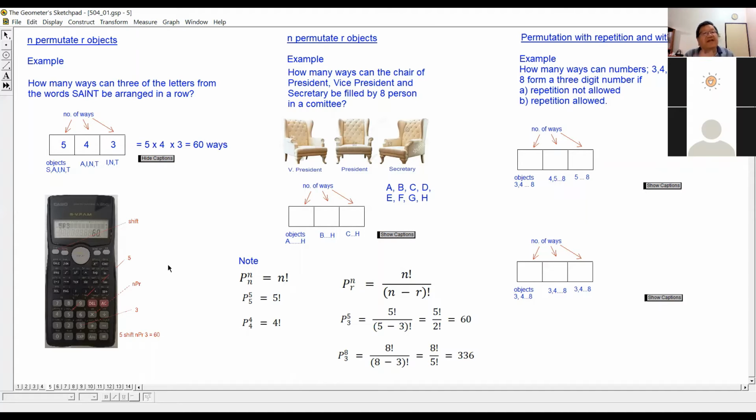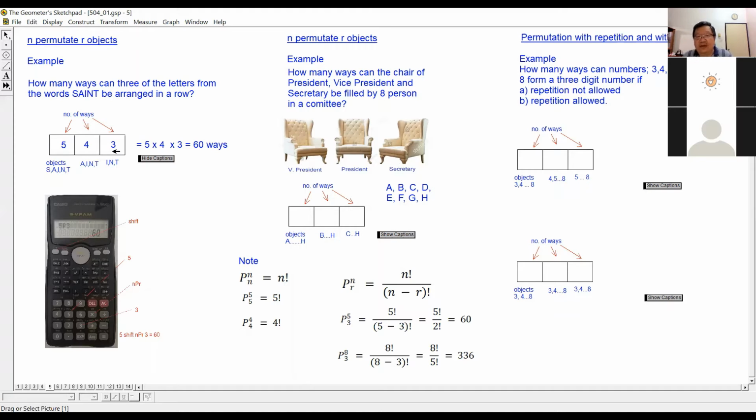Now let's say if they say 5 letters, I want to arrange 3, but I have to start with a vowel or I have to end with a consonant, then you cannot use the 5P3 anymore. When they have certain conditions imposed, you cannot use 5P3 anymore. So it is better to draw boxes like this, then you fill up with numbers.